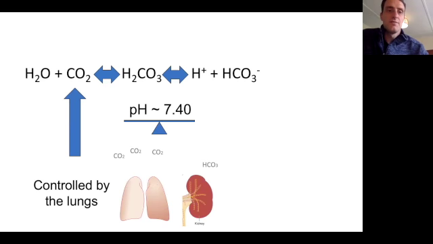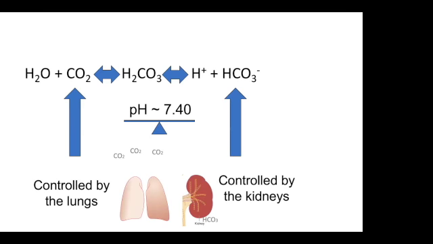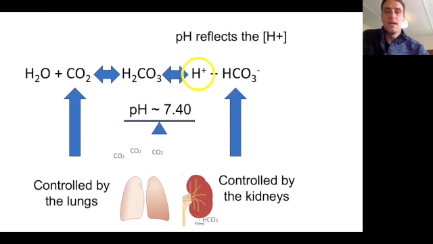If the body wants to get rid of carbon dioxide, which is controlled by the lungs, obviously, or if it wants to adjust the concentration of bicarbonate, which is controlled by the kidneys, that's going to have an effect on pH. pH reflects one part of this continuum, which is the hydrogen ion concentration, but it really shows the relationship between bicarbonate and carbon dioxide, which is what the body uses to adjust.